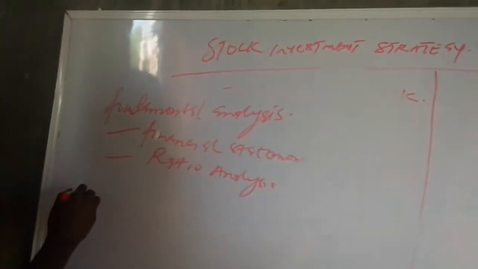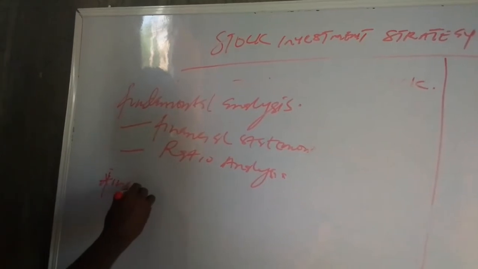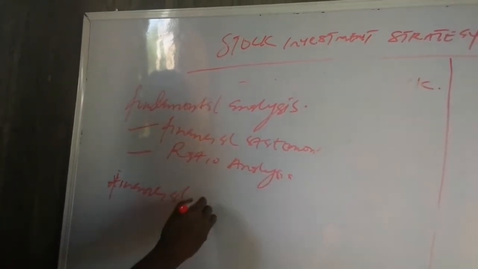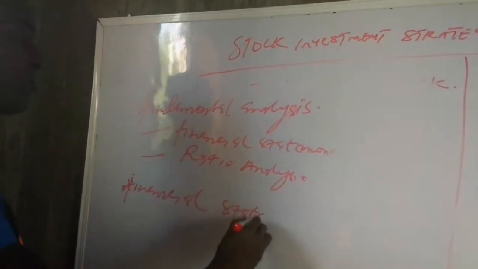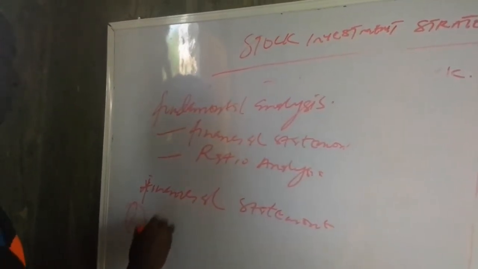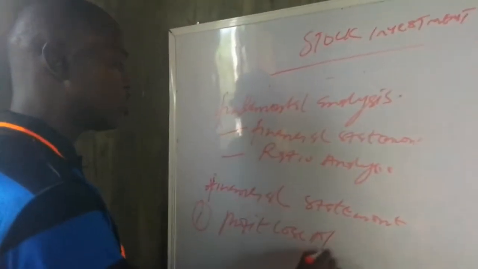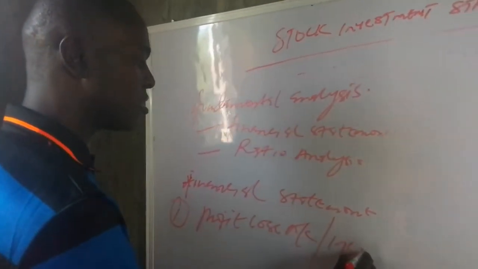So we are going to look at the profit and loss account. When you talk about financial statements, we have three statements that are very important. Number one is the profit and loss account or income statement.